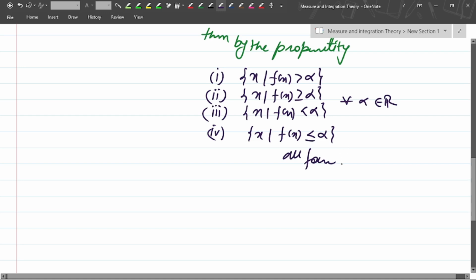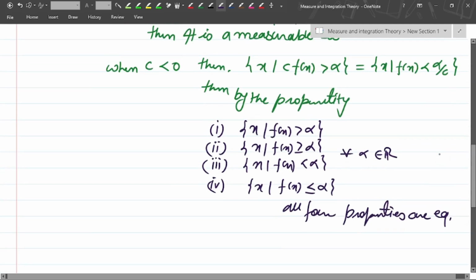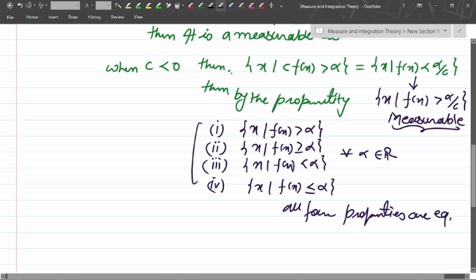All four properties are equivalent. So this property is equivalent to f of x greater than alpha by c. Then this is measurable. To be a measurable set, we should follow all these properties.